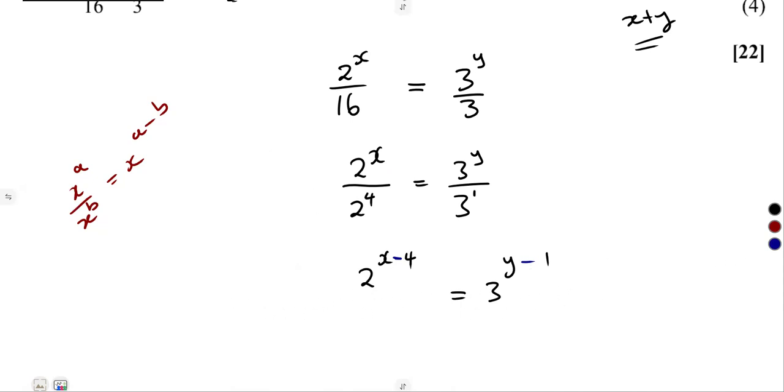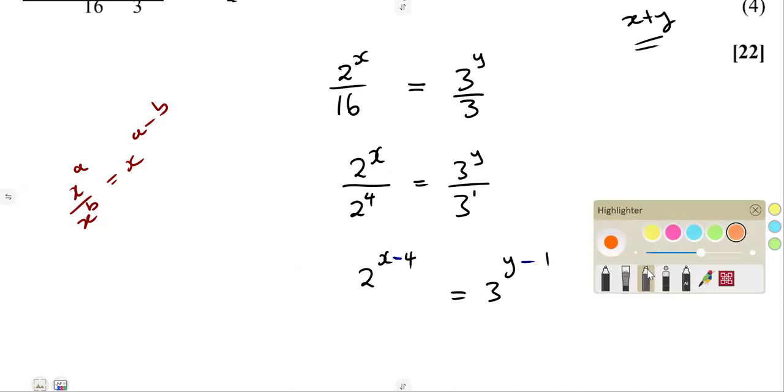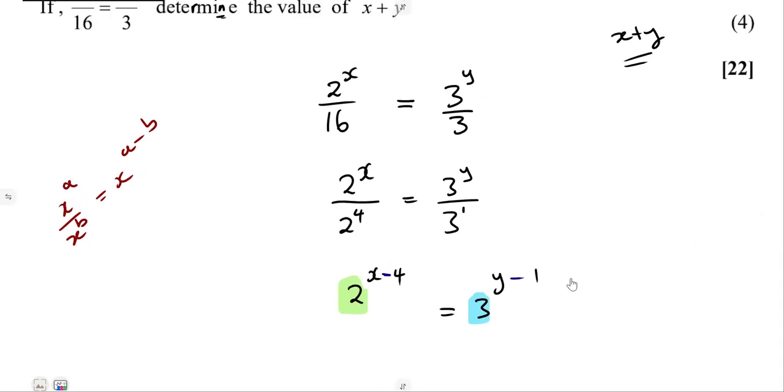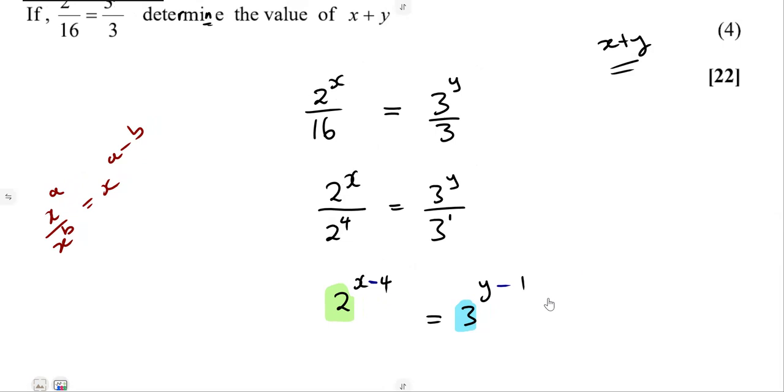These two, they are equal, guys. We are saying these two are equal. But take note, different bases that we are having here. The bases, they are different. These two bases are different, but we are saying they are equal. How is that possible?